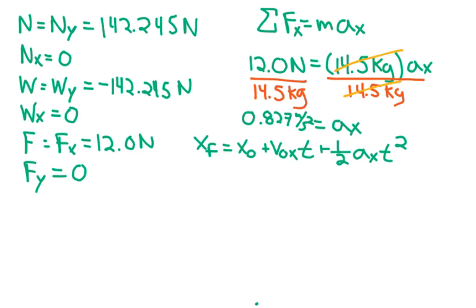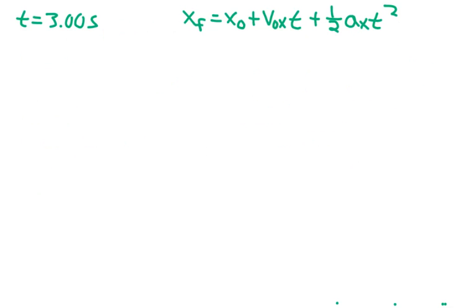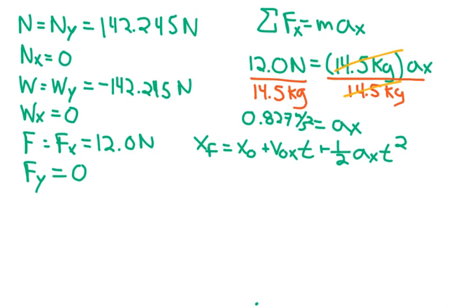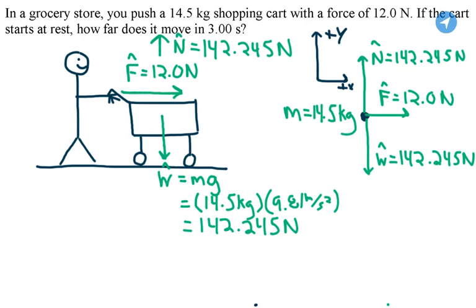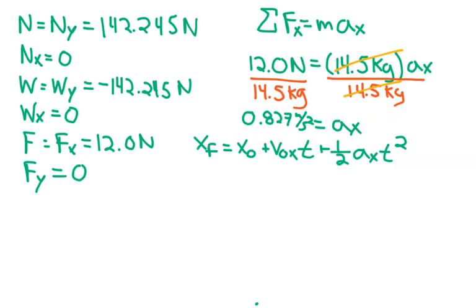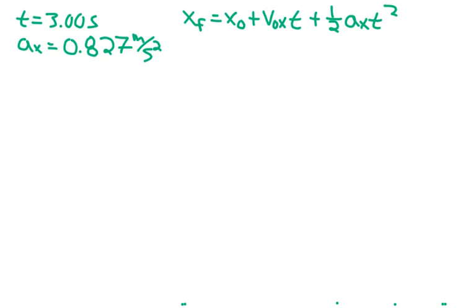We now know that the acceleration in the x direction is 0.827 and so on, meters per second squared. And if the cart starts from rest, we know that the initial velocity in the x direction is also equal to 0.